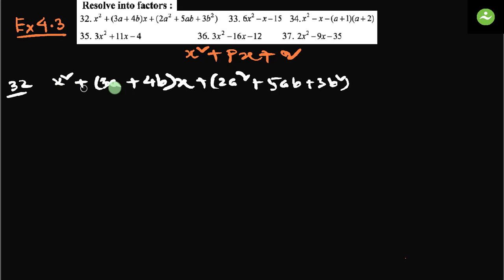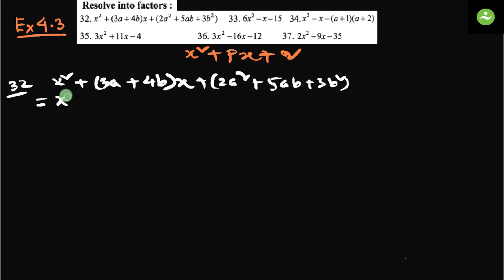Now if we look at this expression, you see the q part is very long. It itself is a problem. We can resolve it into factors, separate. First we have to resolve this part into factors, and then we solve the whole expression.